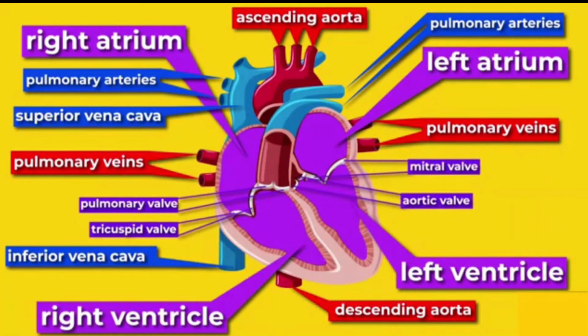The aorta is the biggest artery, while the superior vena cava and inferior vena cava are the biggest veins.